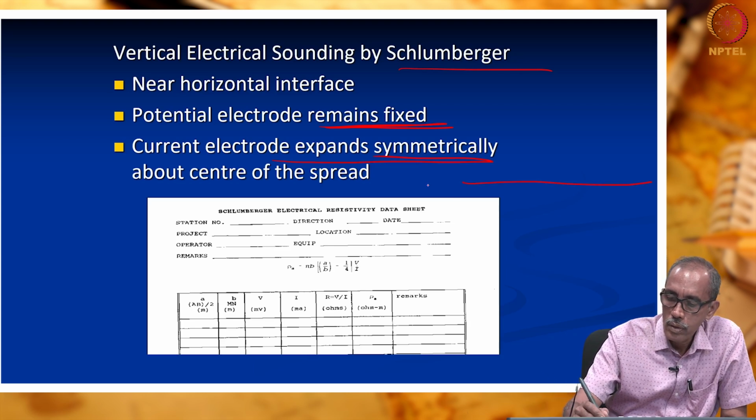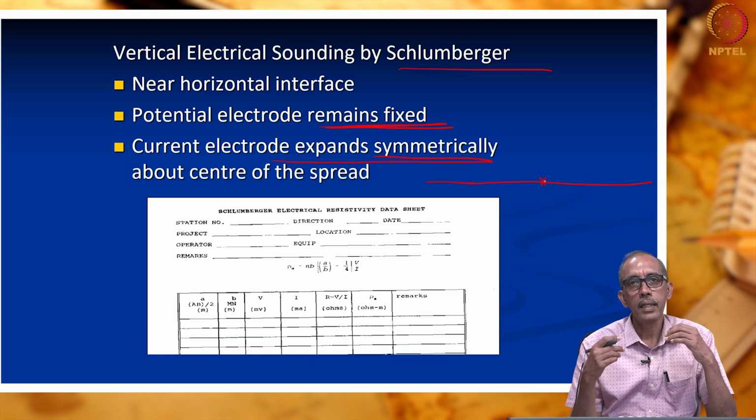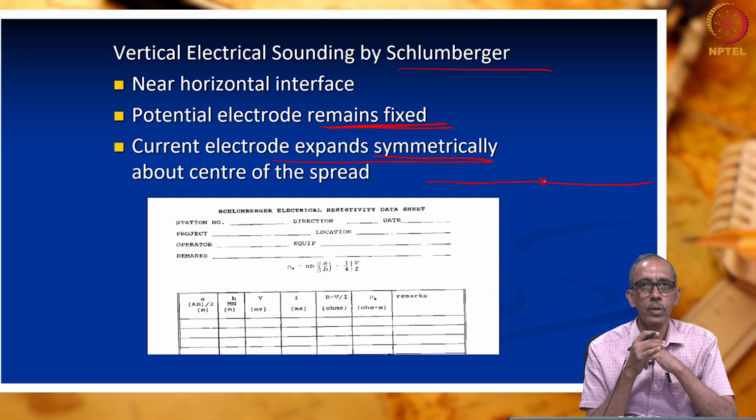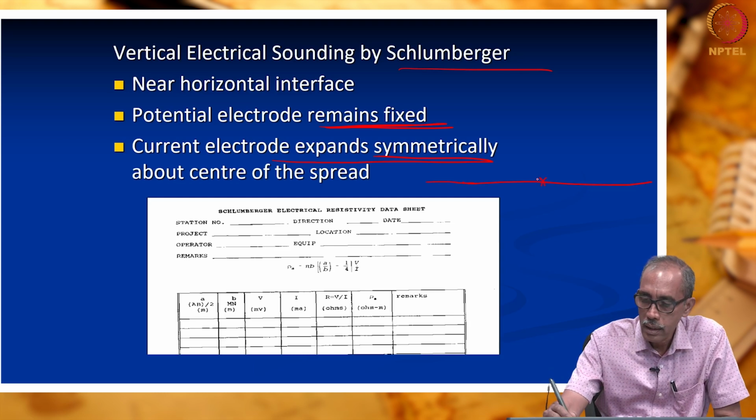So, this is the ground surface. This is our station. We want to know how the subsurface is beneath this location. That is our aim of this work. I arrange the potential electrodes like this. This is M and N. These are the current electrodes.